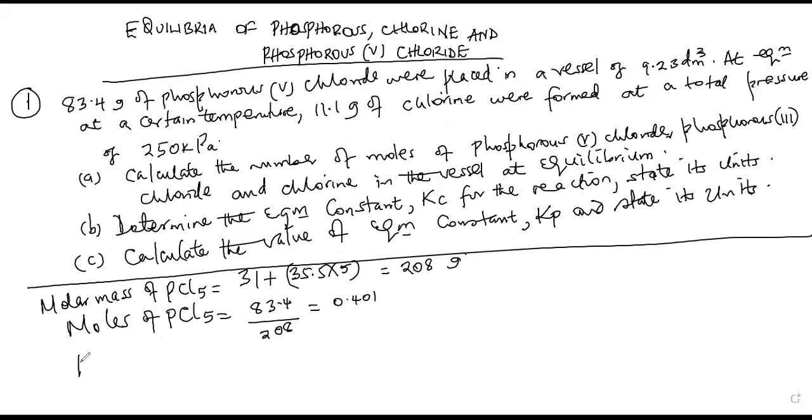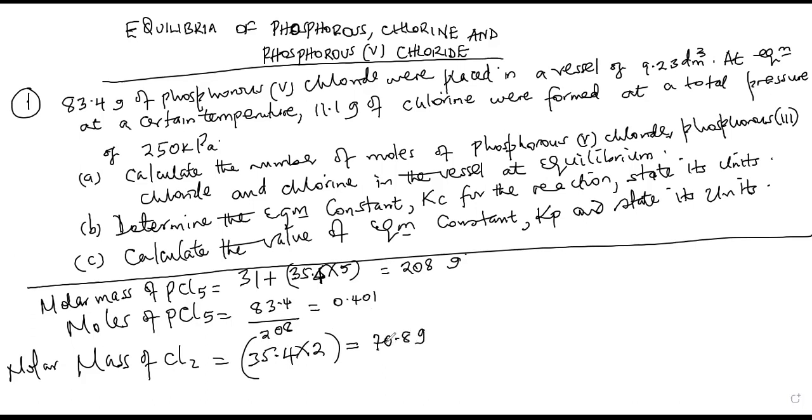Then, still we are given the mass of chlorine at this pressure. So the molar mass of chlorine, let's use 35.4, will be 35.4 times 2. And this gives the molar mass of chlorine as 70.8 grams.